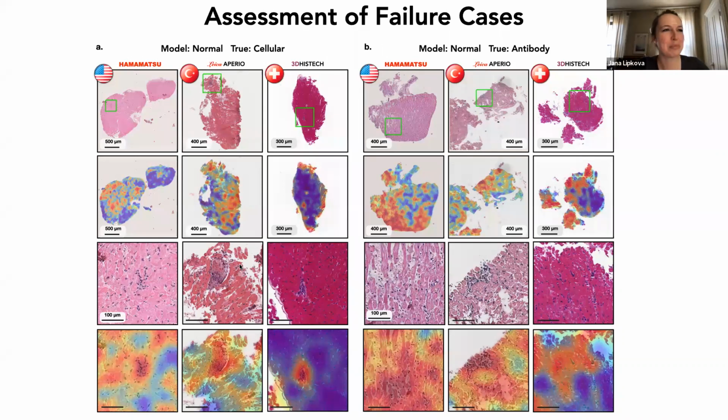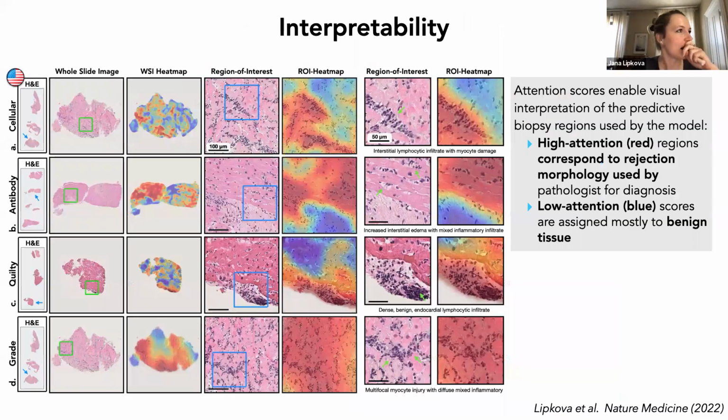So the model basically places high attention also to regions that are maybe not necessary. This one is showing full rejection. Okay, I have just the good figures, but in principle, if you look at these whole slide images, in the second column there are multiple red spots, and maybe not all of them have rejection.